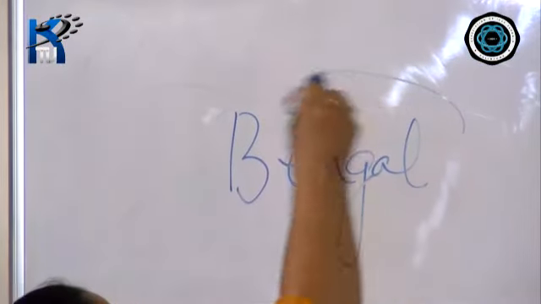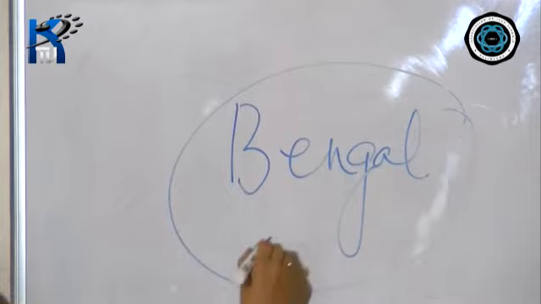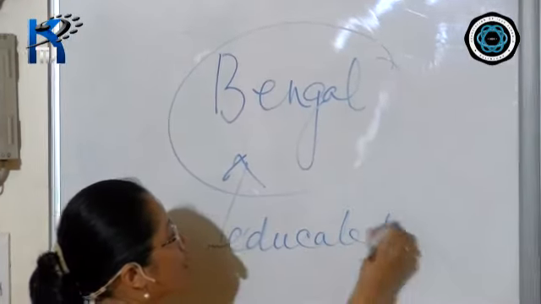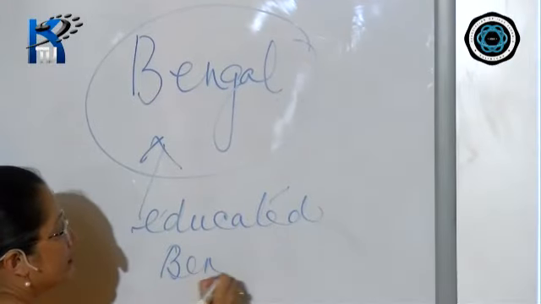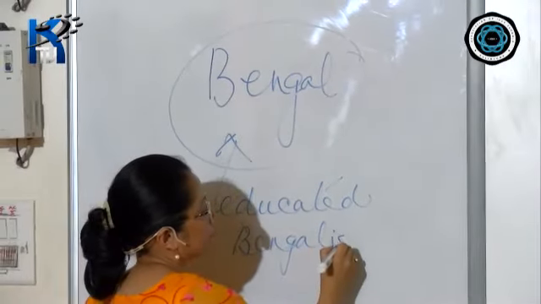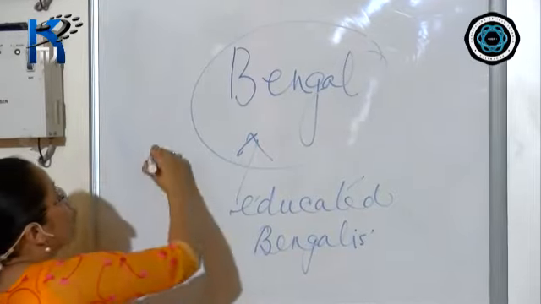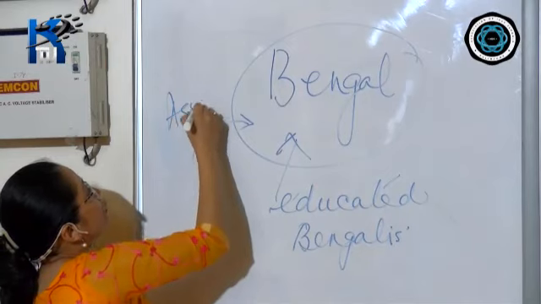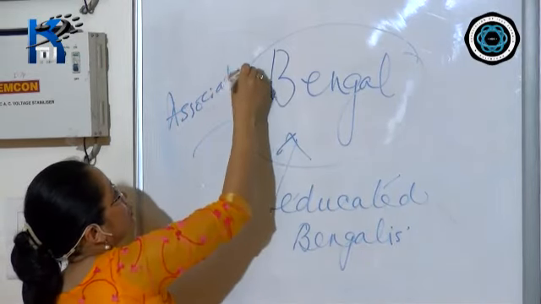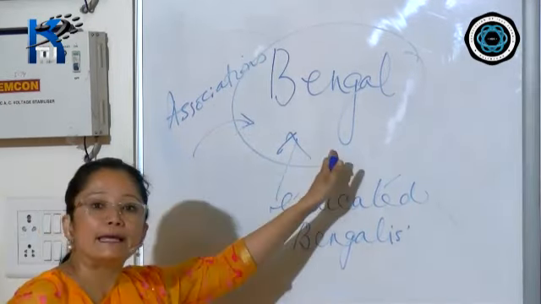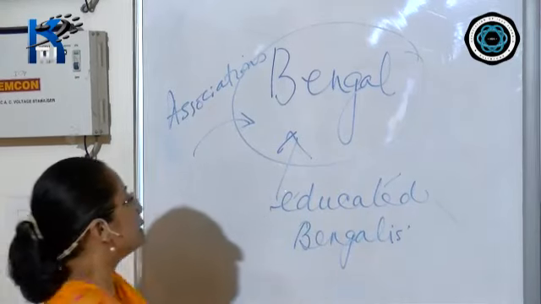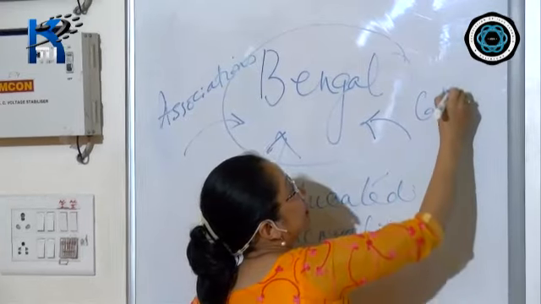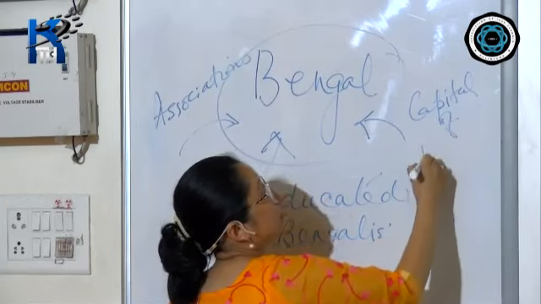The province of Bengal, number one, had a lot of educated Bengalis. Right? We have also seen in our previous lessons that plenty of associations were formed in Bengal only. The next was that Bengal also happened to be the capital of British India.